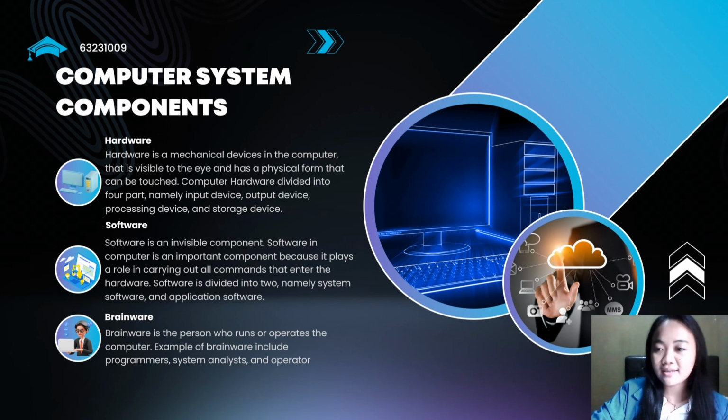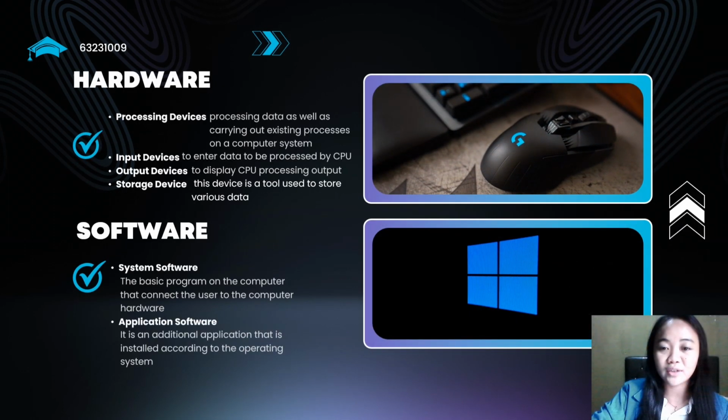For more details, I will explain a little about each part of the hardware and software. In hardware, there are four parts, starting from the processing device, which is useful for processing data coming from the input device and running processes in the computer system.